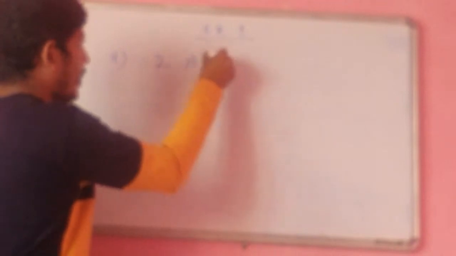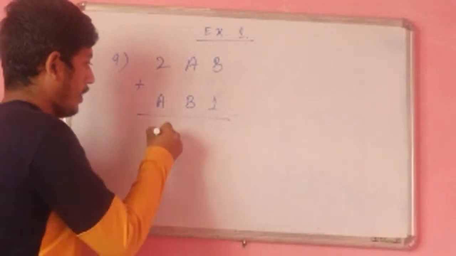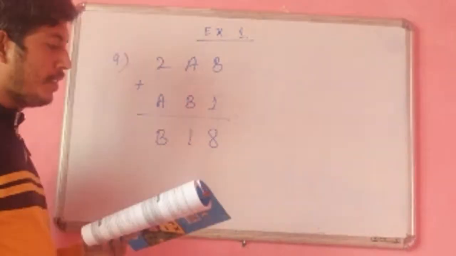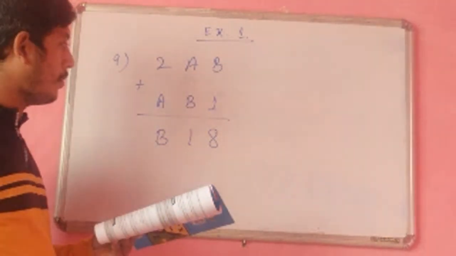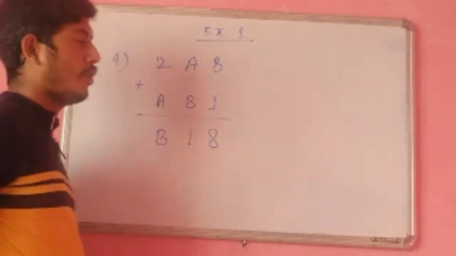Ninth one. 2AB plus AB1 must give B18. 2AB plus AB1 gives B18.